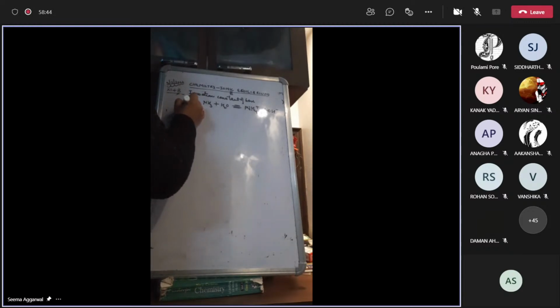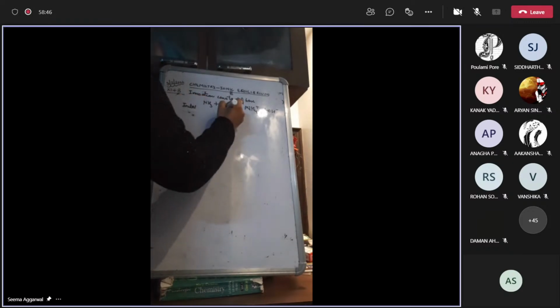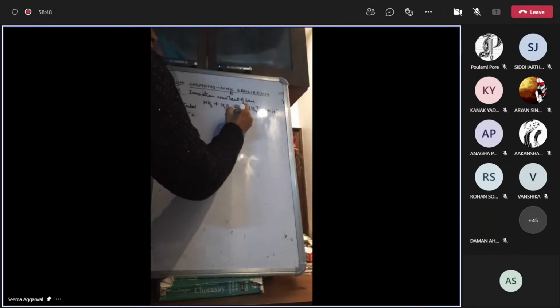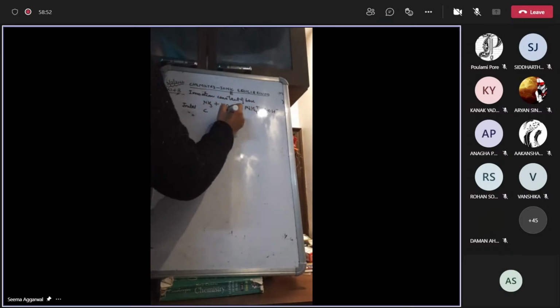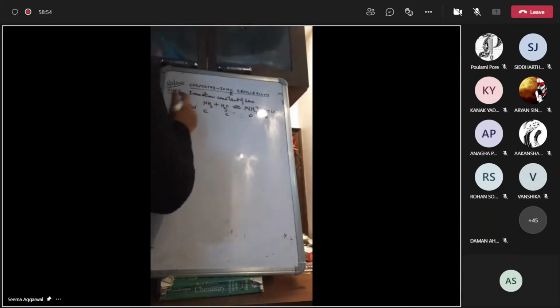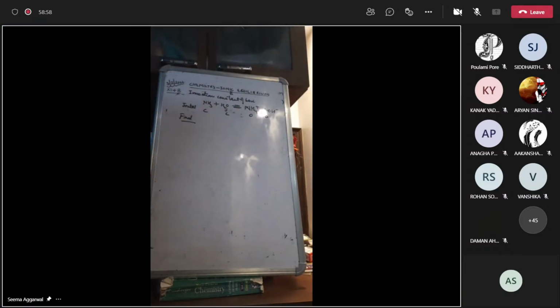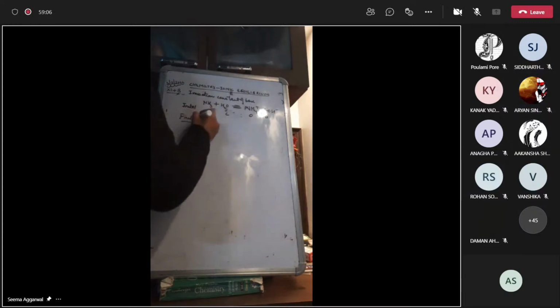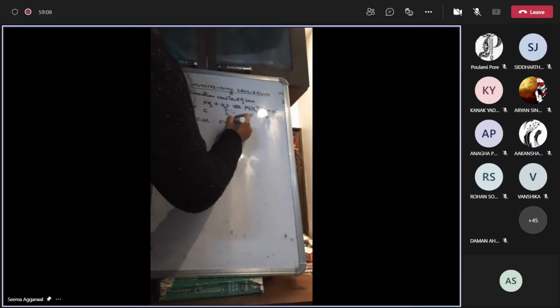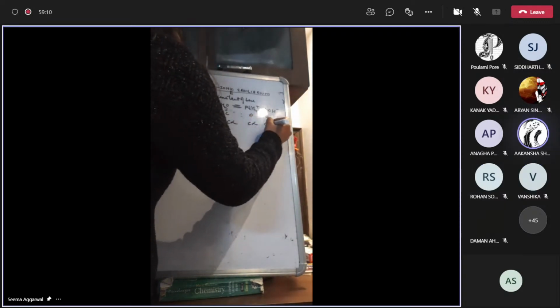Initially, what should I write? Water I take as constant. Let's neglect water. Initially C, 0, 0. What will be the final concentration if alpha is the degree of dissociation? C minus C alpha, and C alpha, C alpha for the products.